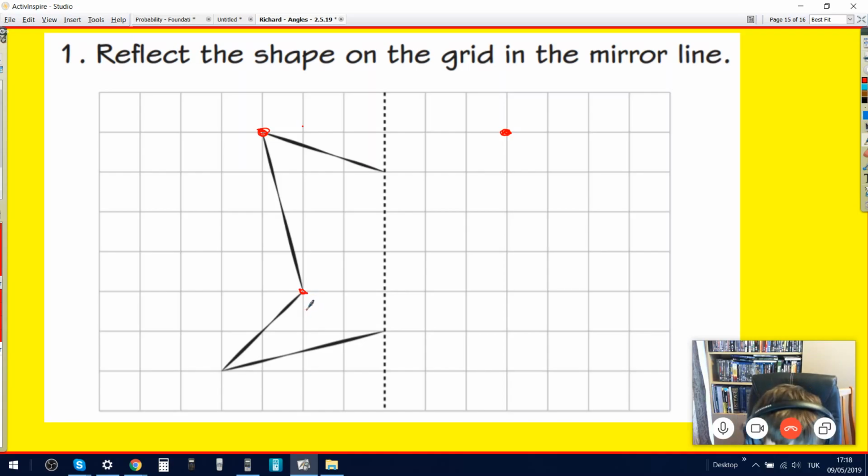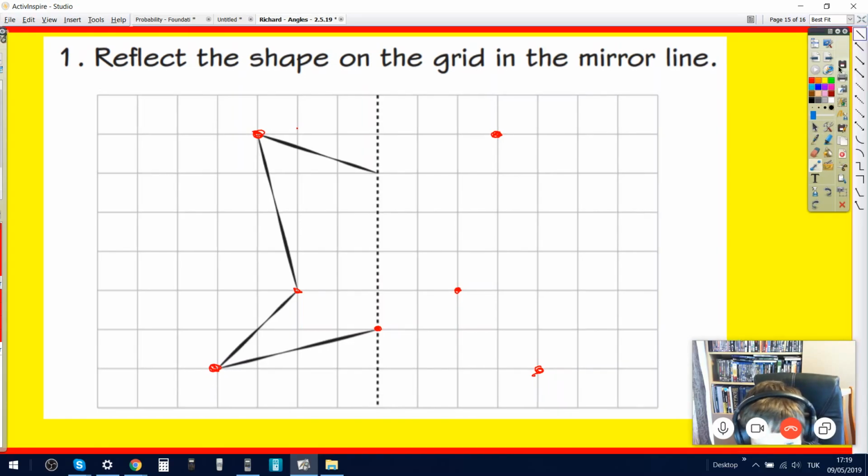Let's say this one. That's 2 away, so it would be 2 away on the other side. And what else could you do? We could do the one at the bottom on the left. That's 4 away, so it would be 4 away on the right. I'd say this one here.